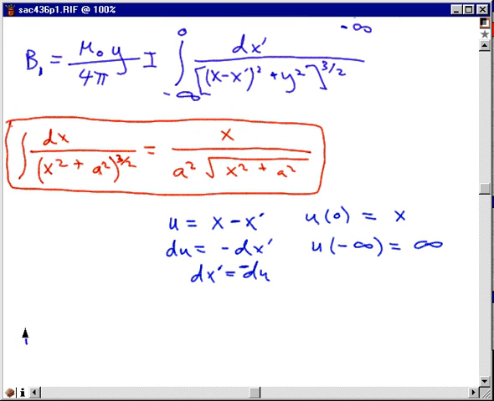And I just have room to write this B1 as an integral of this variable u.